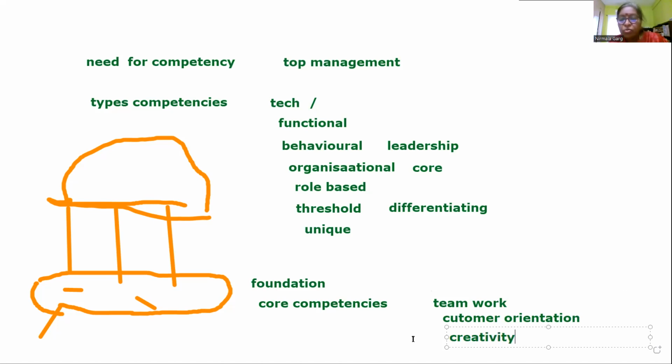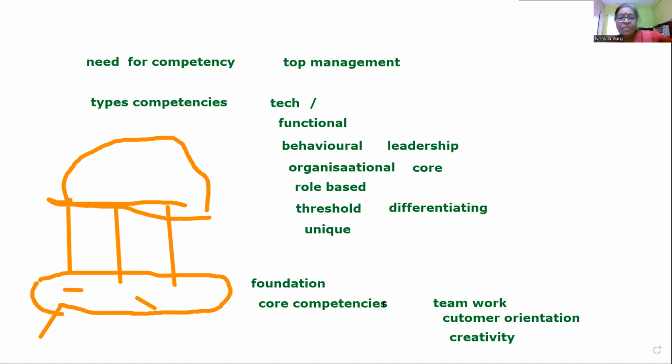So core competencies are those competencies which emanate from the values or the philosophy of the organization. Now, when I'm hiring a person, irrespective of the levels, I want everybody to have these core competencies. Their proficiency level or intensity level may differ, but everybody should be having these core competencies.